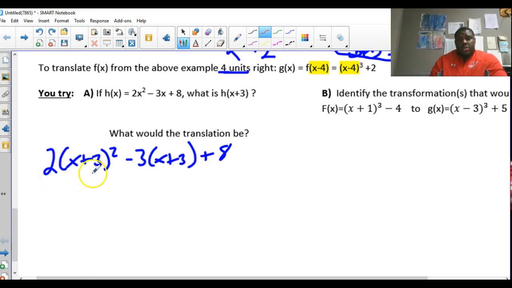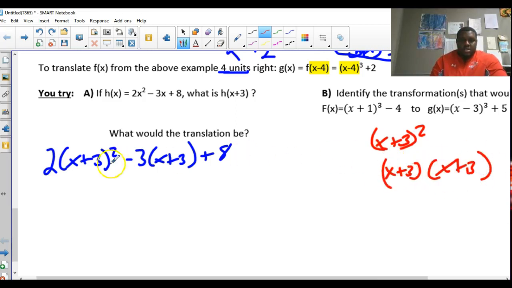You can't distribute the 2 because remember, you have this squared right here. This square tells me I can't distribute that 2. I would have to evaluate that. And on a side note, x plus 3 squared is the same thing as x plus 3 times x plus 3. You can't just distribute the 2. Okay.